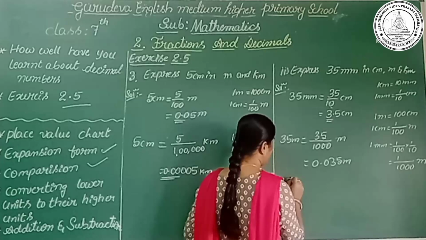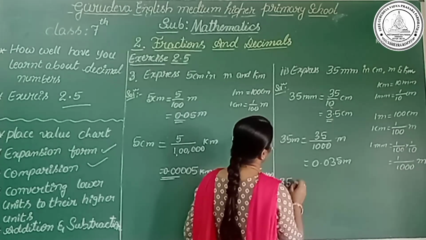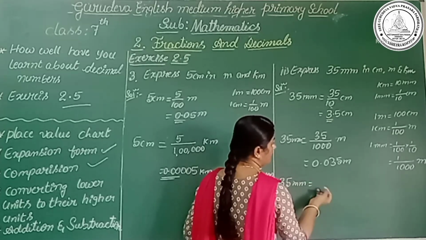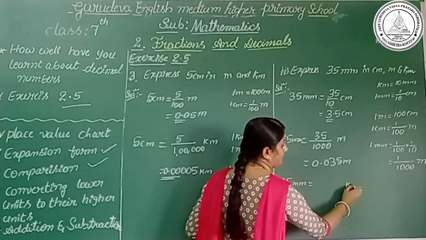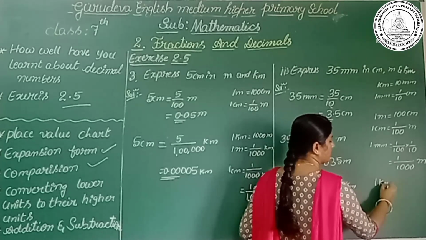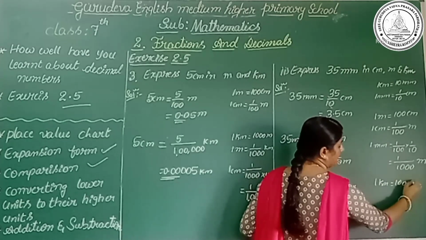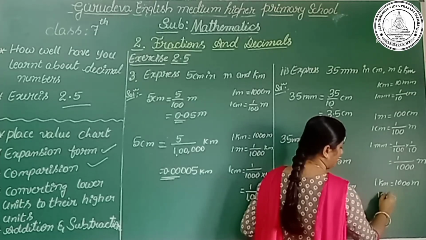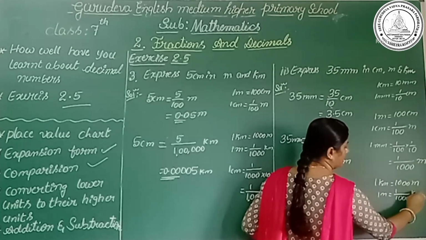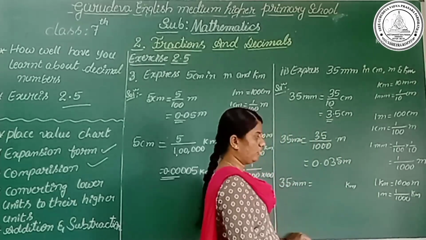Okay, then let's start. 35 mm is equal to so many kilometer. We know that 1 kilometer is equal to 1000 meter. Then 1 meter is equal to 1 by 1000 kilometer.